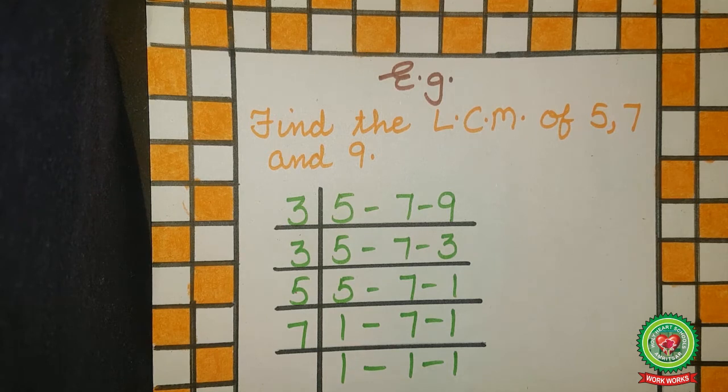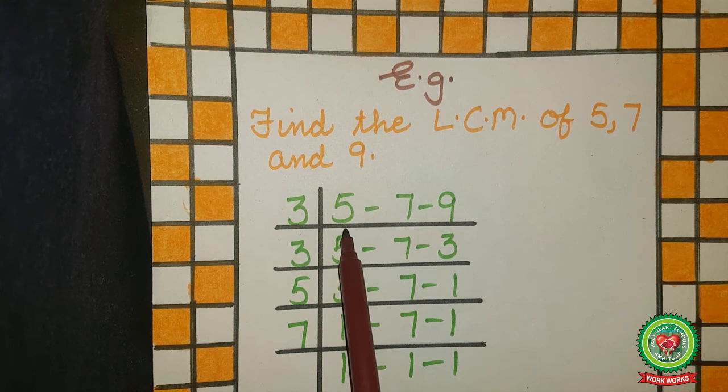Now think about the next prime number. Next prime number is 3. Now 5 is not divisible by 3. 7 is also not divisible by 3. But 9 is divisible by 3. That means I will take 3 as a divisor. Now write here 3.